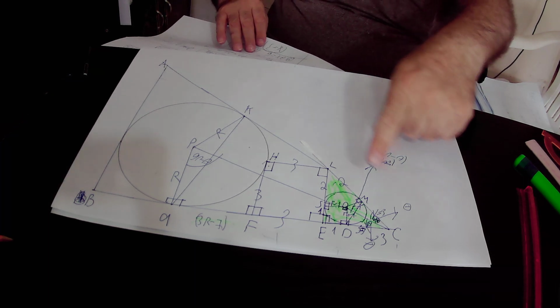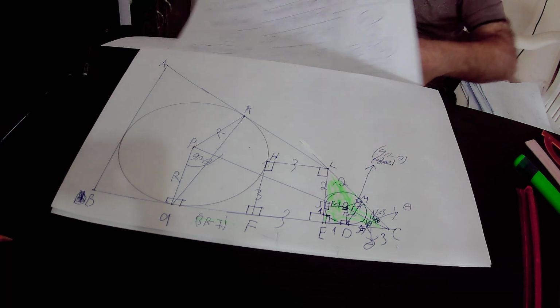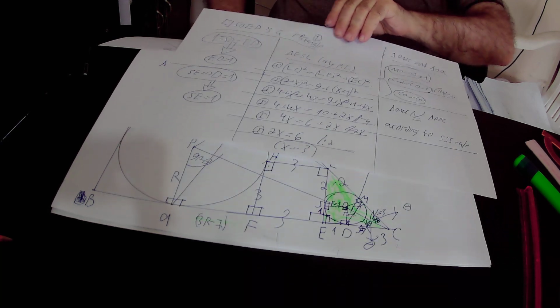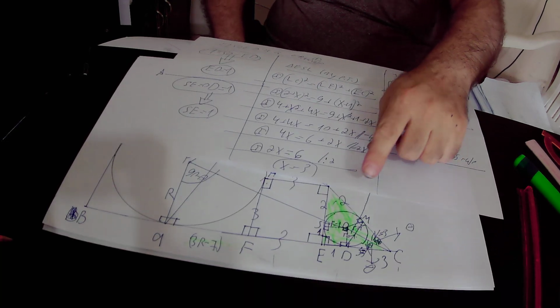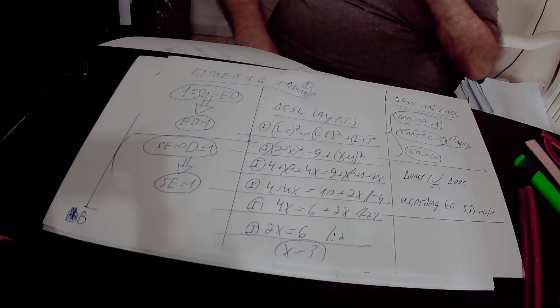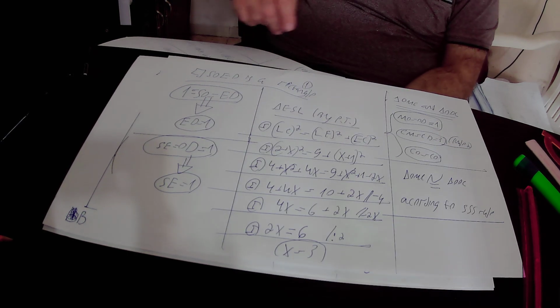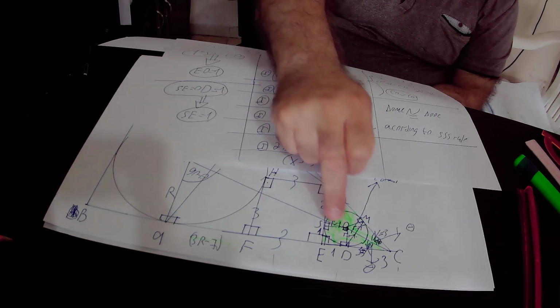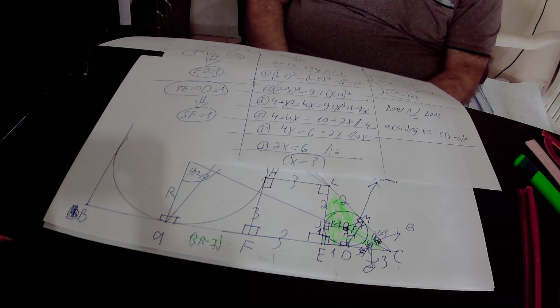That is to say, SO equals ED. But here SO is the radius of the circle that is equal to 1. And from the equation 1 equals SO equals ED, we derive that ED is also equal to 1 unit.